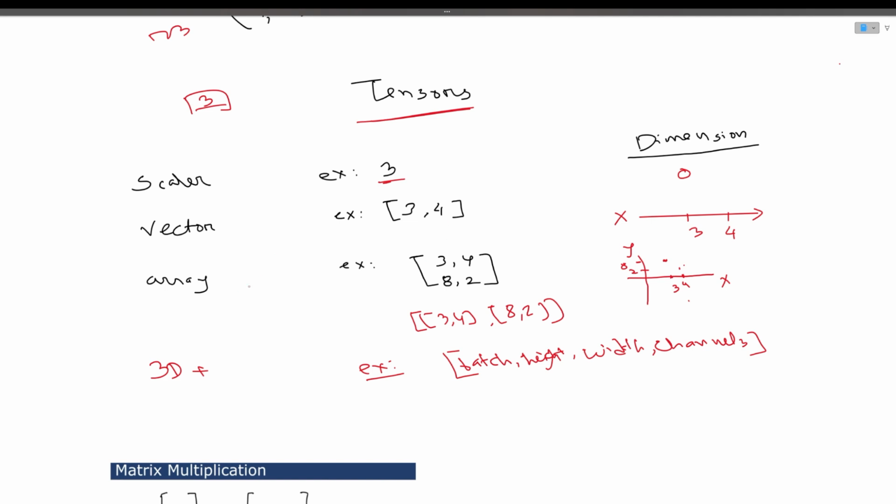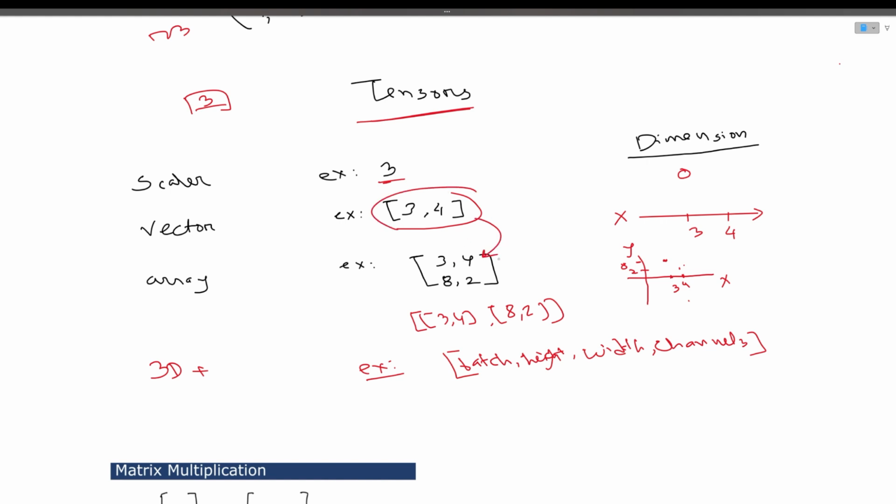Now talking about the array, which we sometimes call a matrix and so on. For example, if you have 3 4 8 and 2, just check out what happened here. This 3 and 4, this vector, we've just inputted that here.